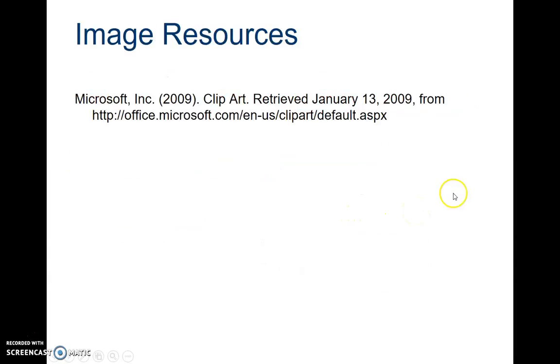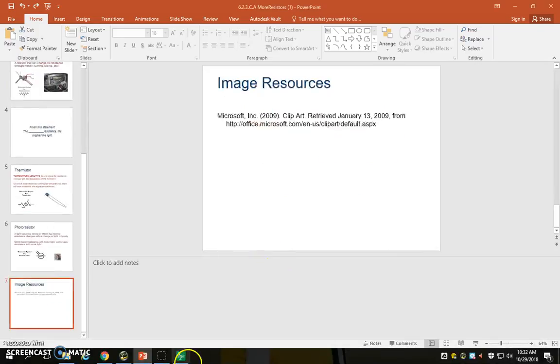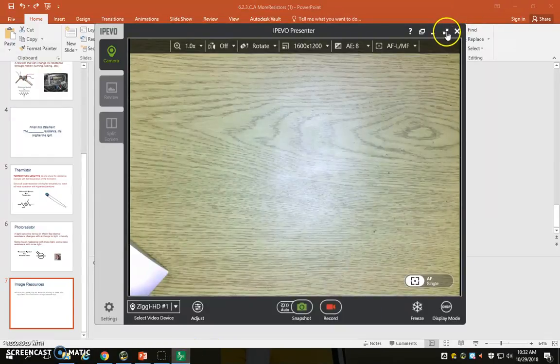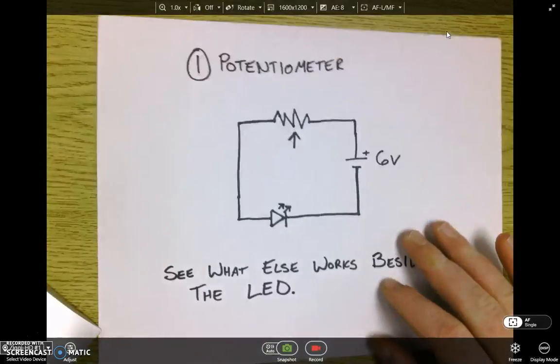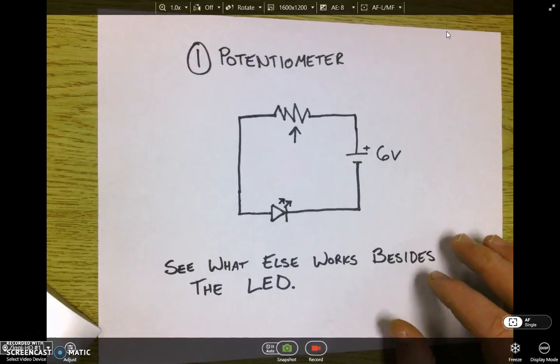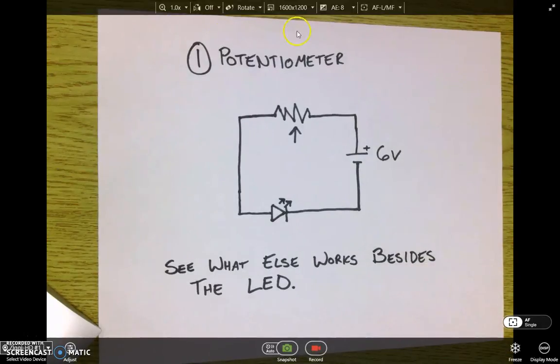Okay, so what we're going to do now is take a look at a couple of pieces of paper here that we're going to need to use for our lab. We're going to make a couple of circuits. The first is a potentiometer circuit. So what I want you to do is write down a number 1, circle it, and write potentiometer next to it.